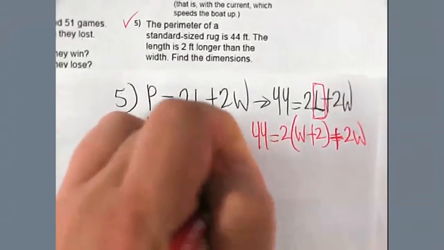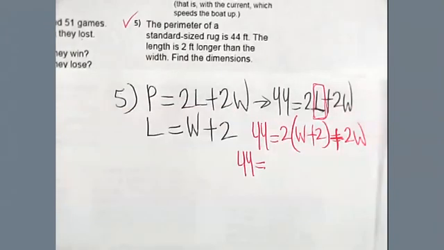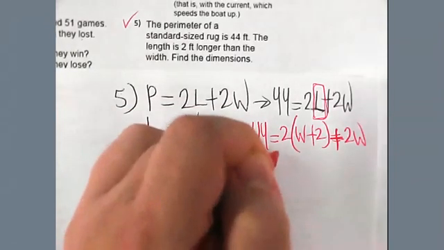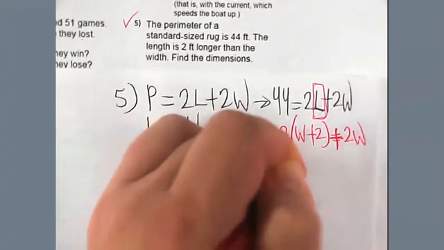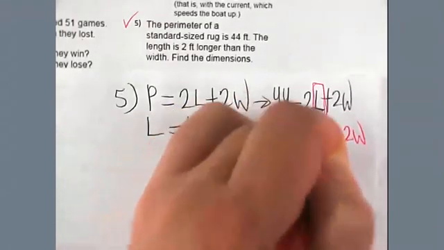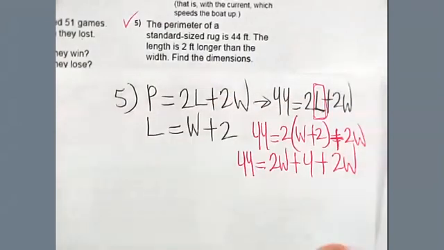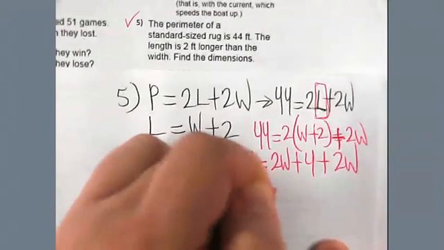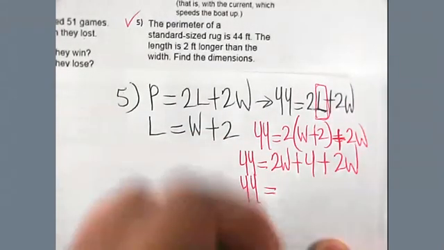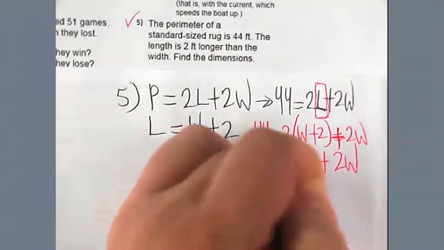When we distribute that 2, that gives us 44 equal to 2W plus 4 plus 2W. Before we solve for the width, we have to combine the W's on the right-hand side. We now have 44 equal to 4W plus 4.